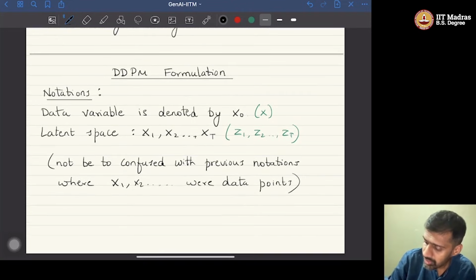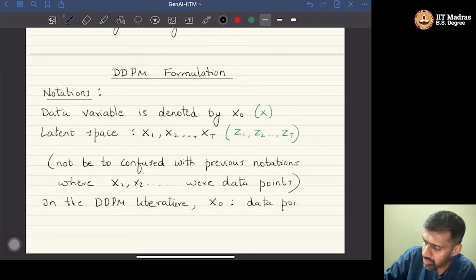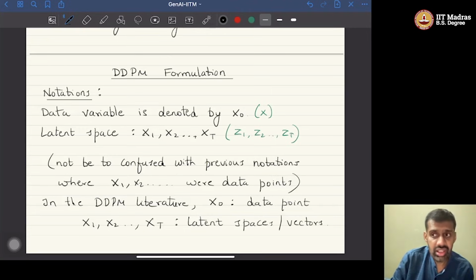So in the DDPM literature, x naught denotes the data point, and x1, x2 up to xT denotes the latent space or latent vectors. So this is the change in the notation.